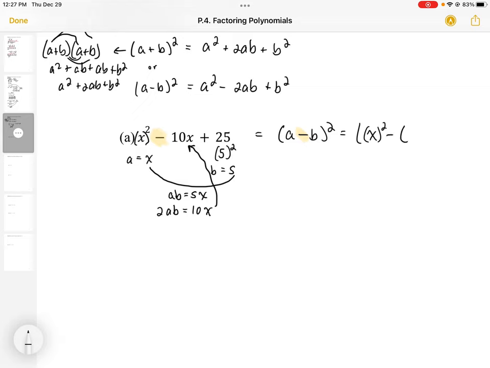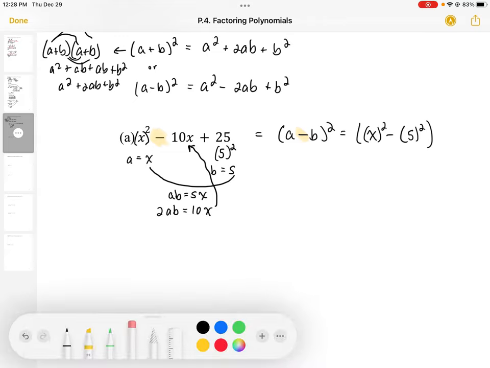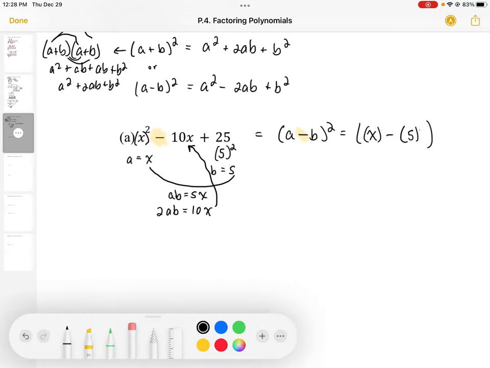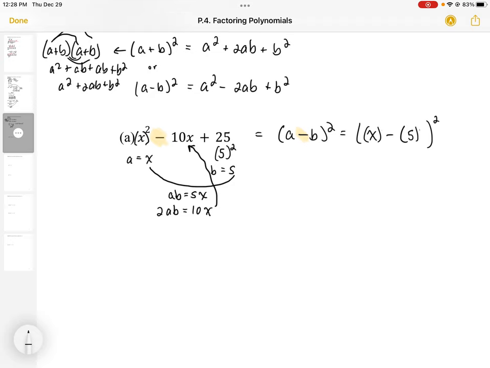And our b is 5 squared. Oh, excuse me. Let's backtrack. I put that exponent of 2 in the wrong place. In both cases, the exponent of 2 should be on the outside. So I'm going to rewrite this as x minus 5 squared, without all these clunky parentheses, since we really don't need them in this case. So this would be our answer in factored form.